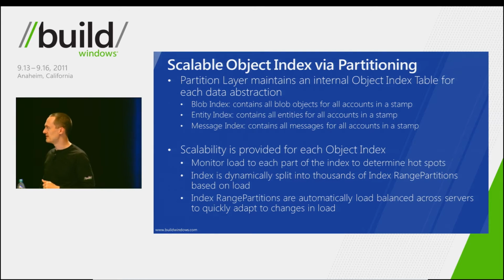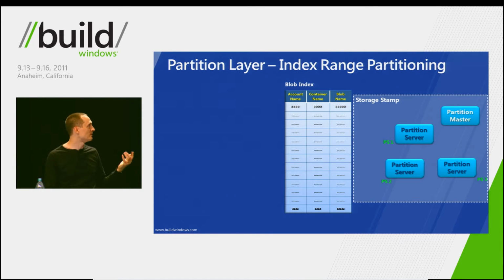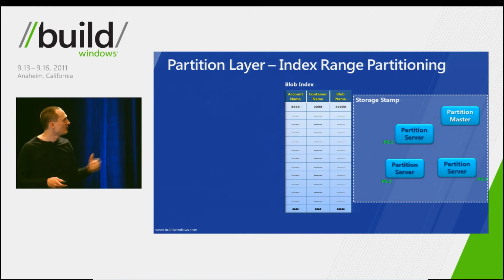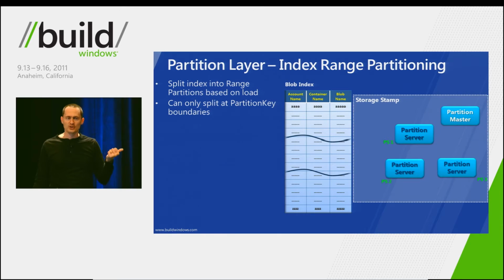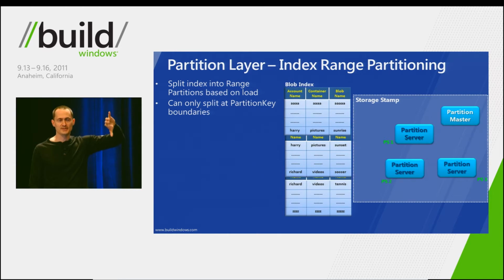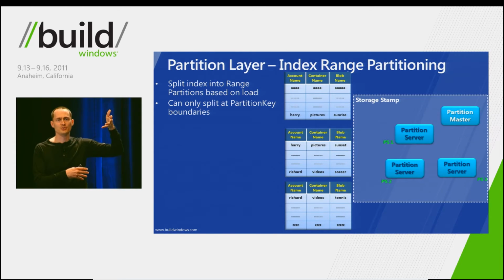So let's just go through an example of what this looks like for the blob index table. So here we have this massive blob index table. It contains the index of all the blobs for all customers in the storage stamp. Okay? And we have in the storage stamp, just as an example, 3 partition servers and a partition master. And what we're going to do is, based upon the load for this example, we're going to split it into 3 partitions.